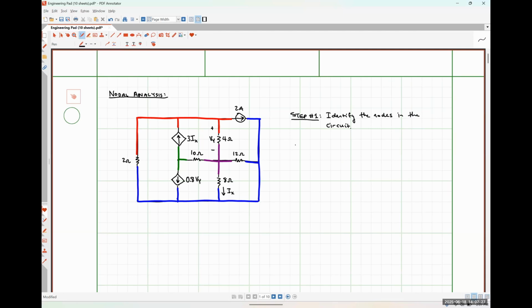Our second step is going to be to assign a reference or ground node for the system. Okay. So we are going to just pick a node, and we are essentially going to assume that the voltage at that node is 0.